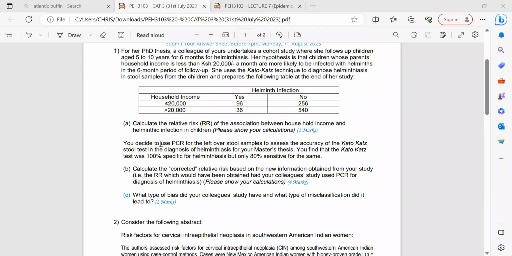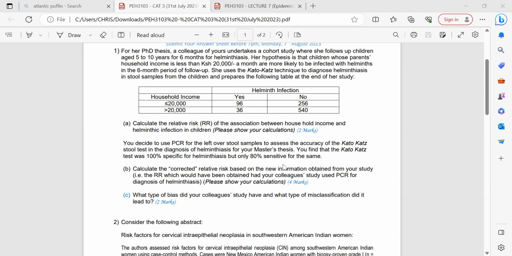Now we are told you decide to use PCR for the leftover stool samples that were used by someone else using CATOCAT. Then after you use PCR, which is a reference test, you realize that this CATOCAT was 100% specific, so it is able to pick the negatives.